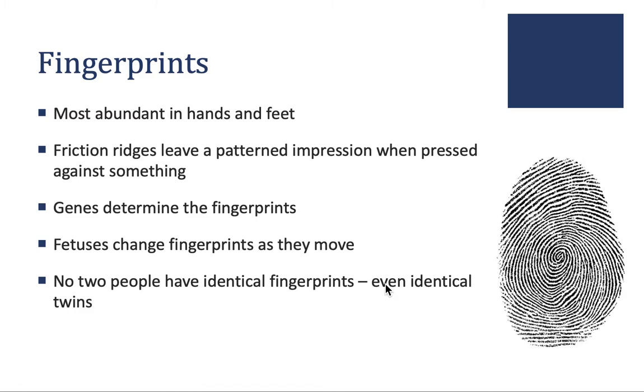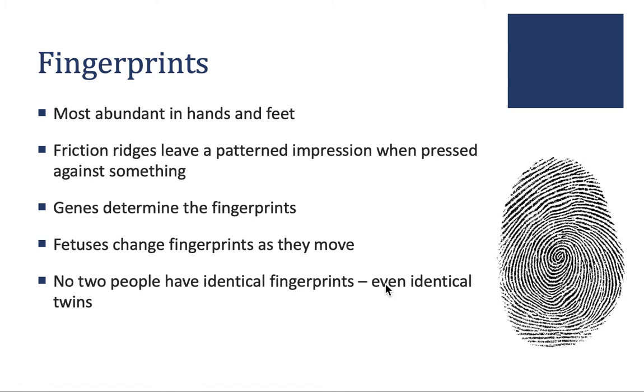Genes determine our fingerprints. So there are different types of fingerprints. There are whorls and arches and loops, and then there are different minutiae within there. But these are determined primarily, or first and foremost, by your genes. That said, fetuses change fingerprints as they move around in the uterus.